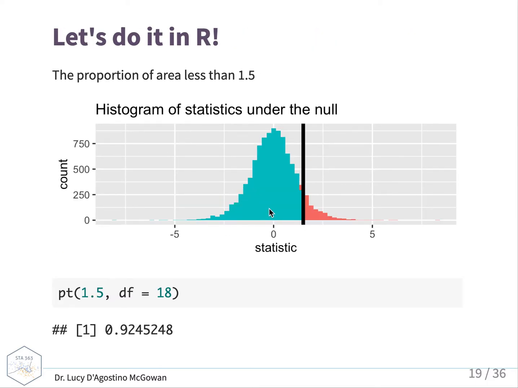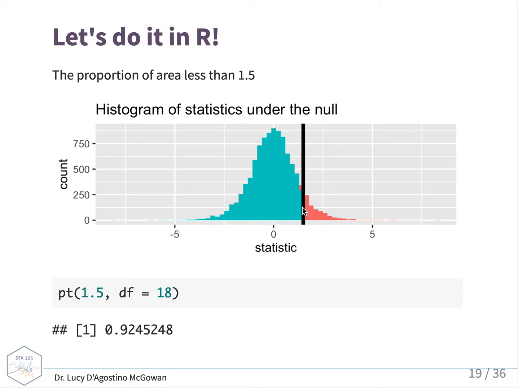And so to calculate this in R, there's a function called pt, which is like the probability t. You can put in the observed test statistic as well as the degrees of freedom, and it will calculate that probability. By default, what this calculates is it looks at the value you gave it, so 1.5, and everything to the left of this value.